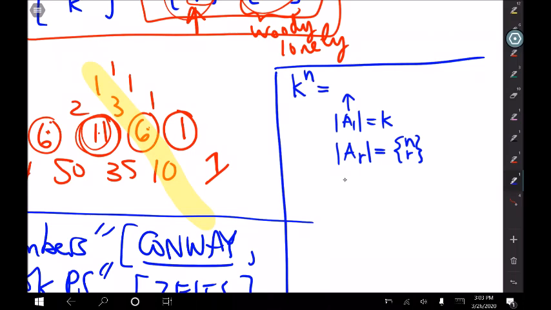Because the flavors are distinguishable, r factorial, times, wait, times k choose r. Wait, why are we choosing? Why is that? We need to choose which flavors as well. Do you guys see? Which of the r flavors?